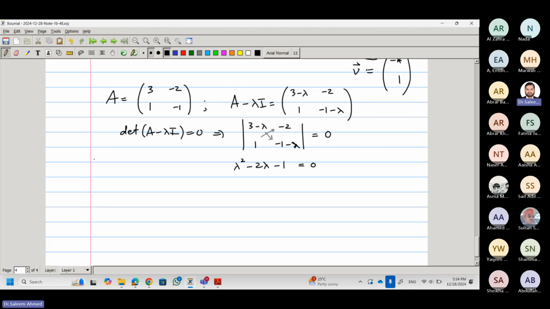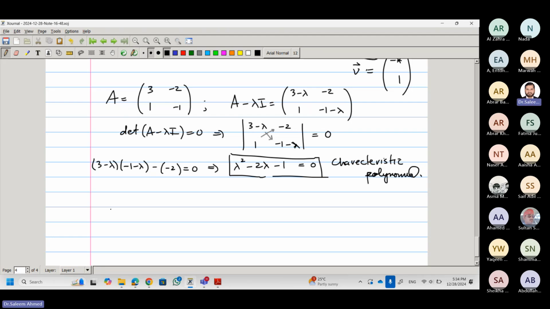You can write everything before, don't do the shortcuts. 3 minus lambda times minus 1 minus lambda, and then minus 2 into 1, which is minus 2, equal to 0. If you simplify, this is your characteristic polynomial, which they are asking me. So first find this equation, call it the characteristic polynomial. So we got the characteristic polynomial.